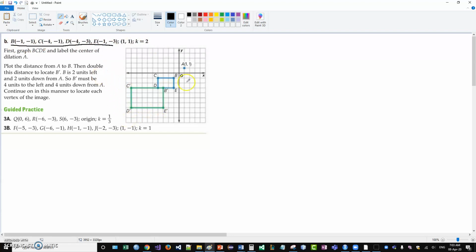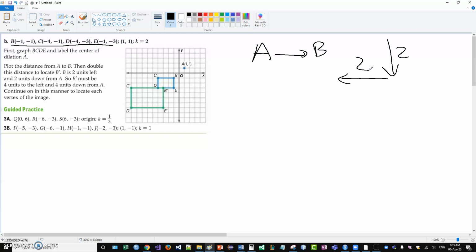Okay? So what we have to do here is, let's say, how do you go from the center to point A or to point B? So from A to B, we're actually going down 2 units and then left 2 units.